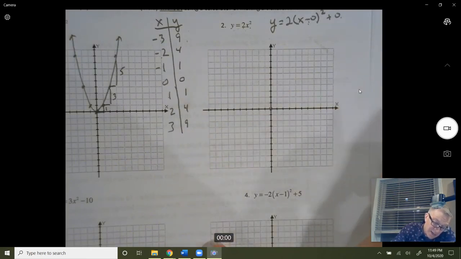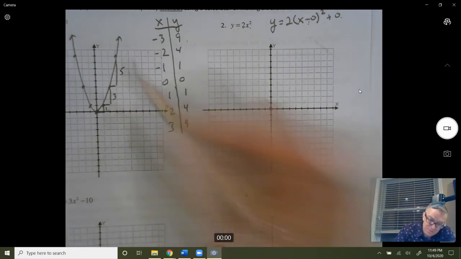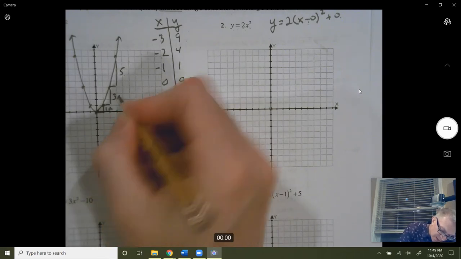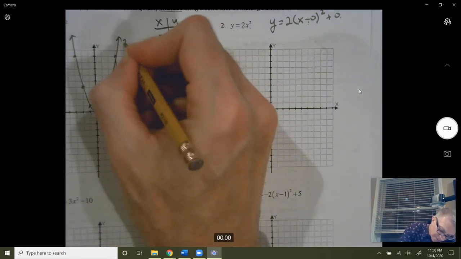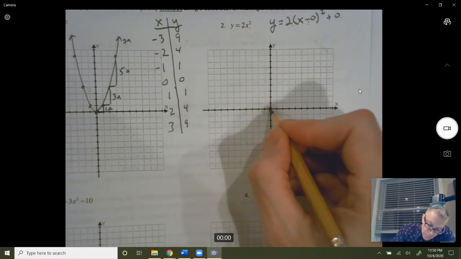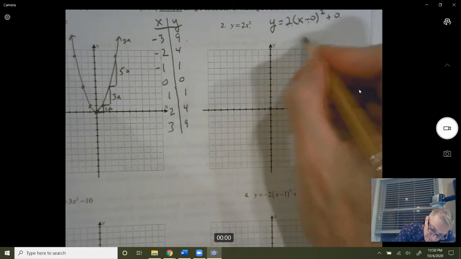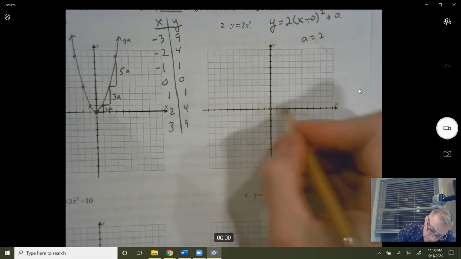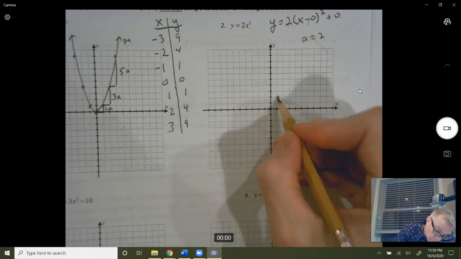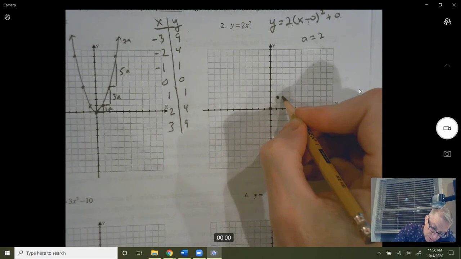Okay, now this pattern still works, but it's not 1, 3, 5, 7. It's actually 1a, 3a, 5a, 7a. Okay, so our a value is 2. So we'd go over 1, we'd go up 1a, 1 times 2, so we go up 2. And from this point, normally it's 1, 3, so it would be 3a, 3 times 2.